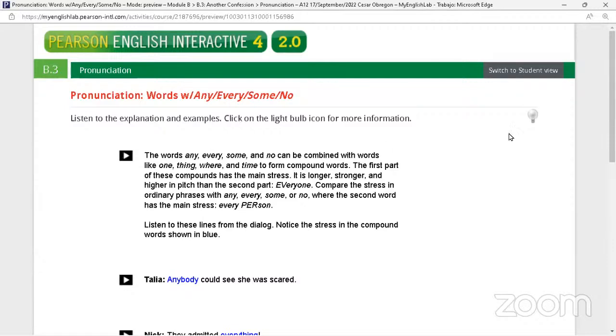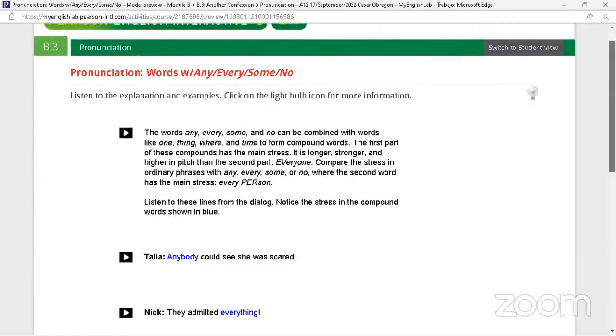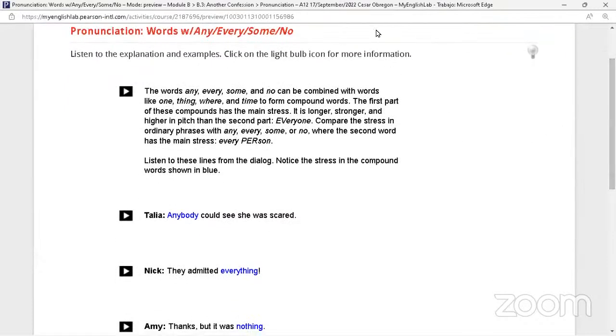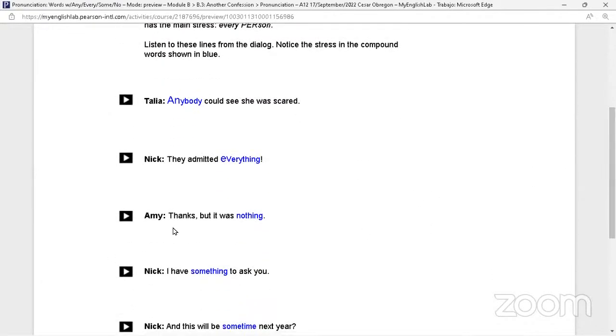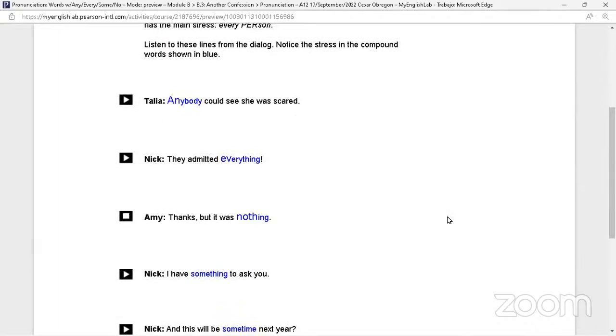Okay. Any questions about the explanation? No question. Okay. Number one, anybody could see she was scared. You can see the stress in any. They admitted everything. Everything. Thanks, but it was nothing.